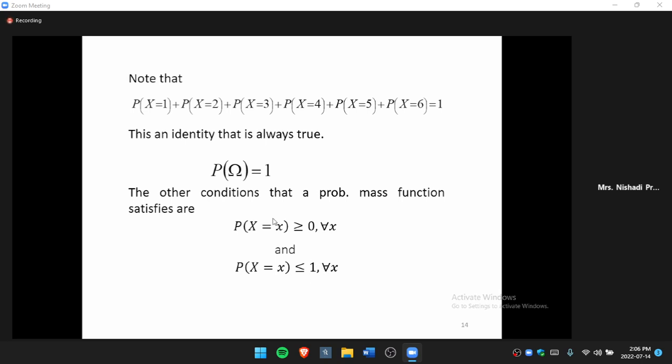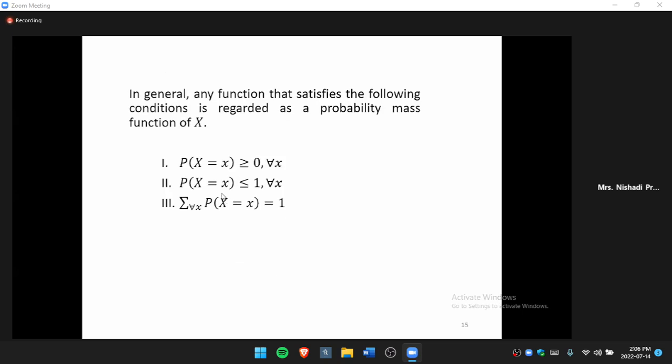So for any discrete random variable, the total probability is always equal to 1, and all the probabilities fall into this range 0 to 1. Understand? So using these conditions, we can identify a probability mass function of x.